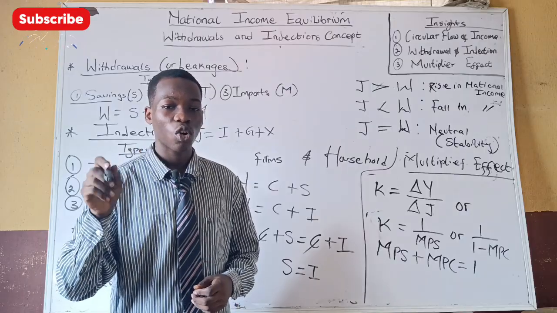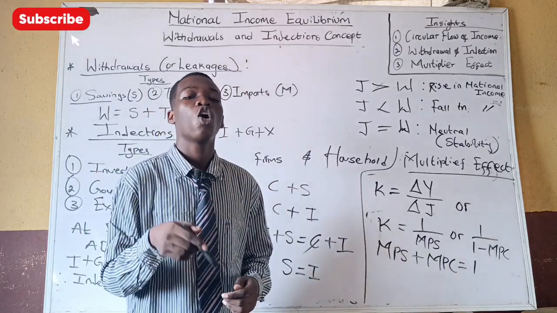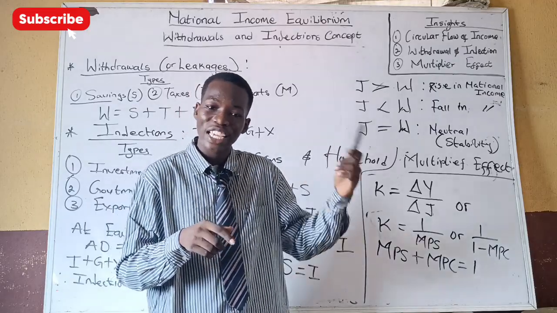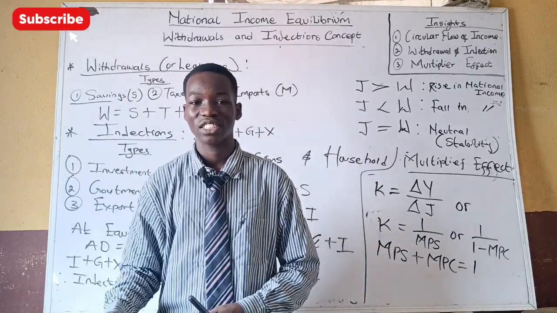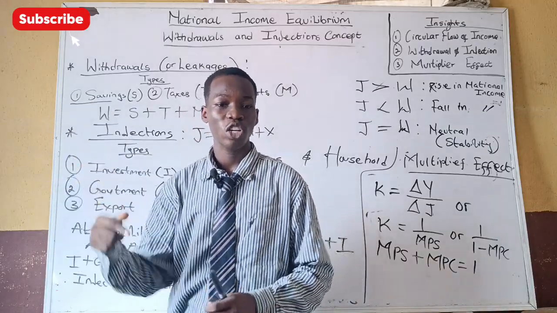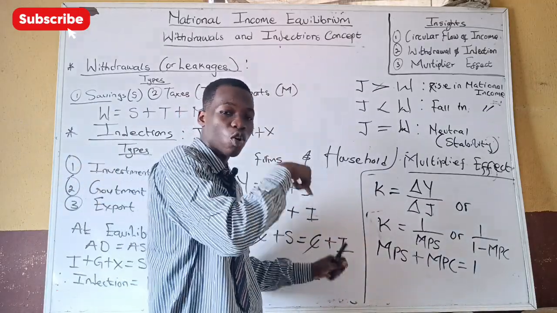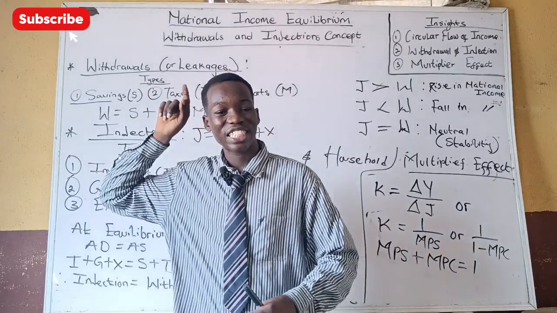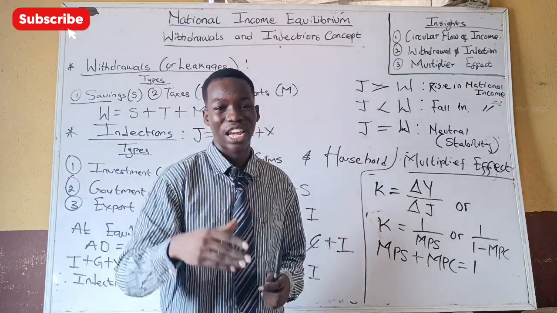Now, when it generates income for another person, the person is also going to spend that income on consumption. When he spends that income on consumption, it's going to generate income for another person. And that person also is going to spend the income on consumption, which generates income for another person, and it keeps going on and on like that.